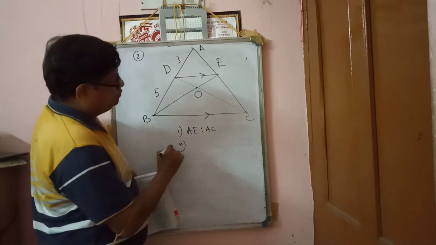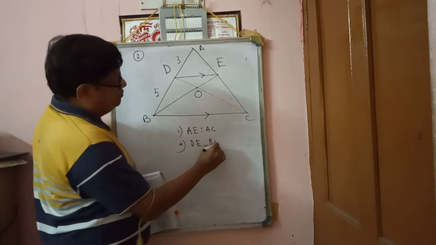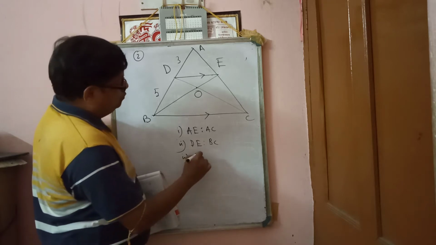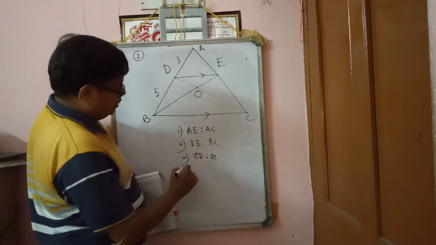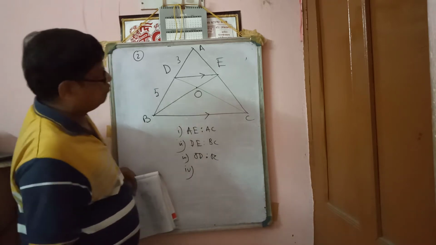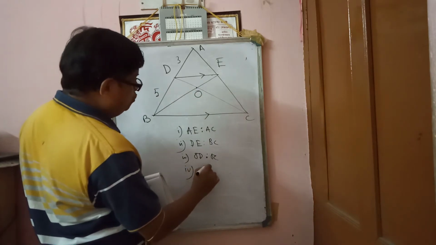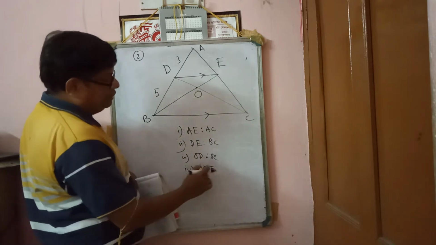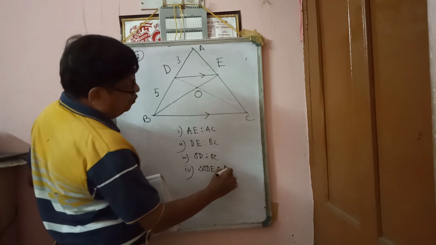Number 2, BE is to BC. Number 3, OD is to OC. Number 4, area of triangle DOE is to BOC.